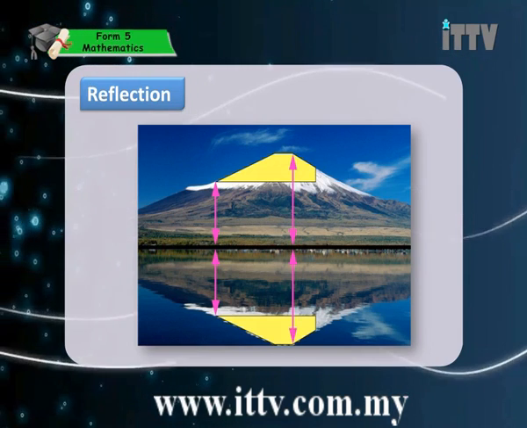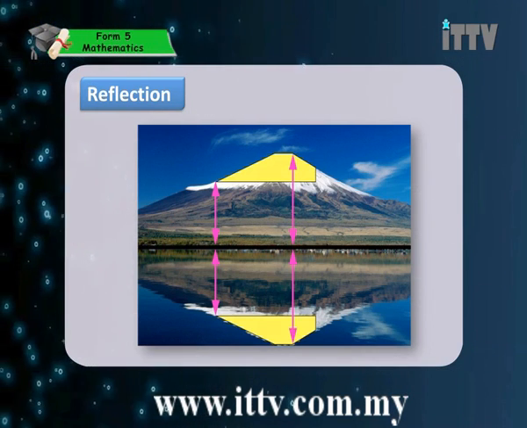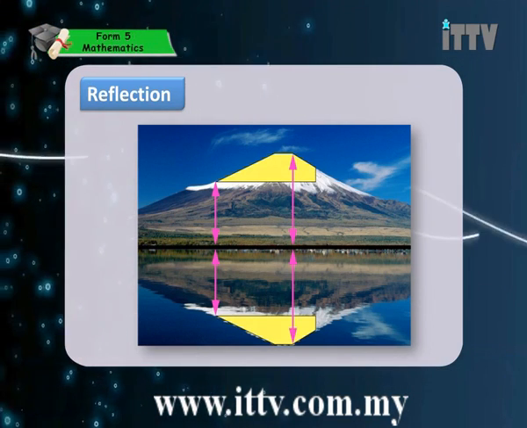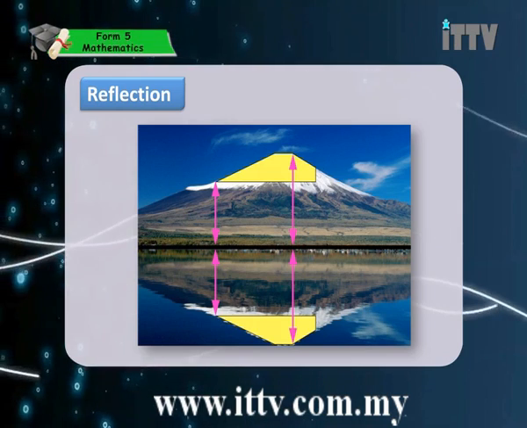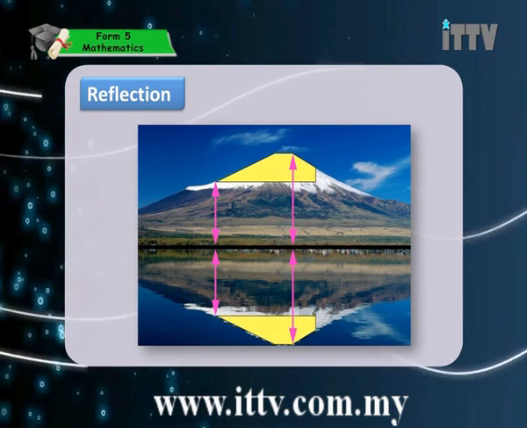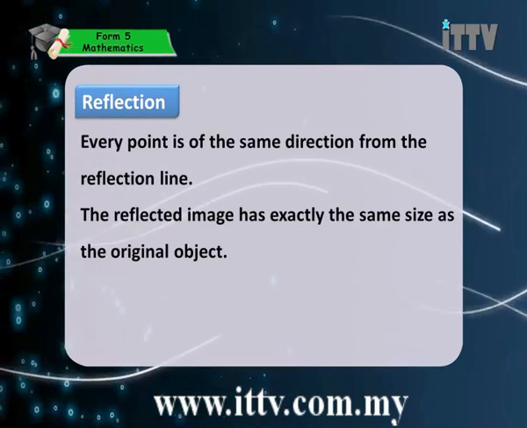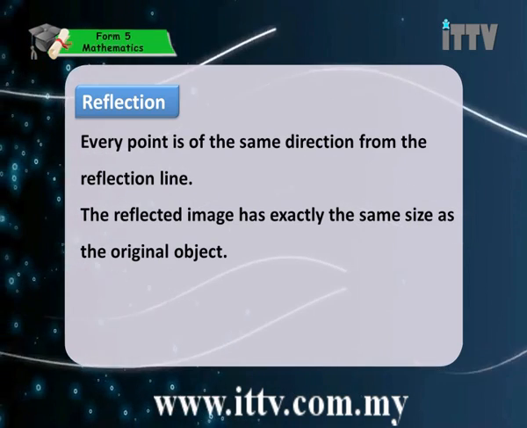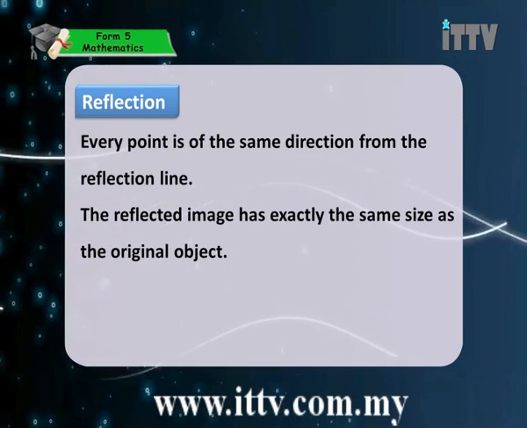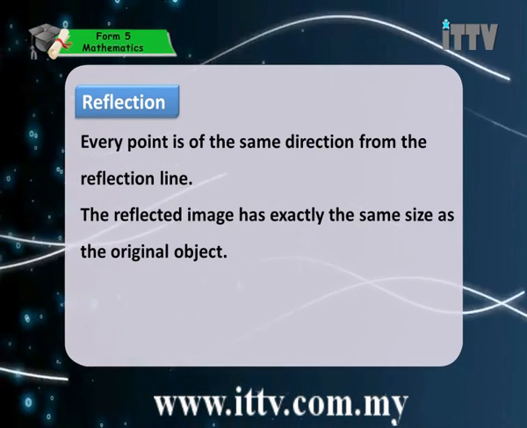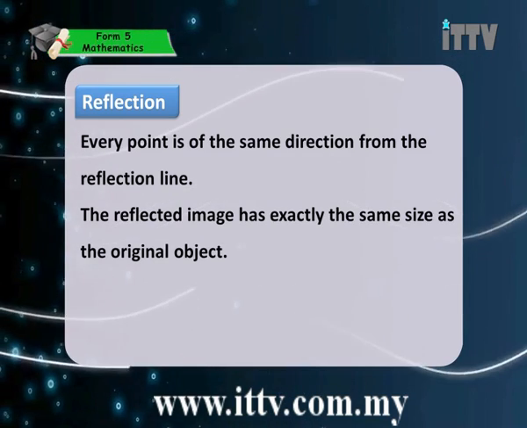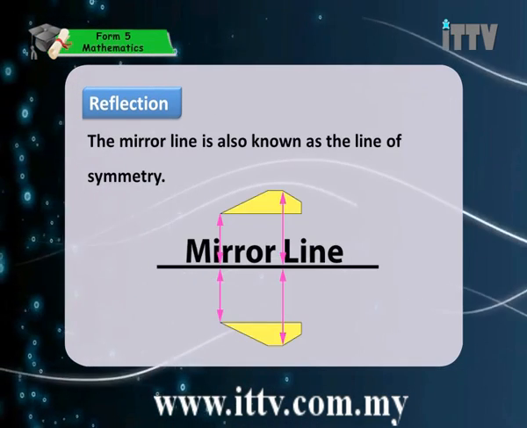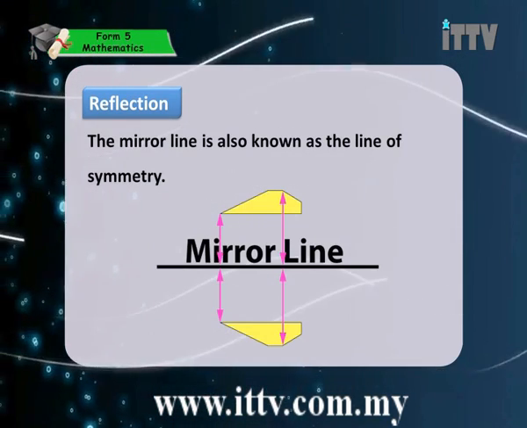And you can take another point, for example, somewhere lower, take a look at the arrow, and its distance will always be the same from the line of reflection. So every point is at the same distance from the reflection line. The reflected image has exactly the same size as the original object. The mirror line is also known as the line of symmetry.